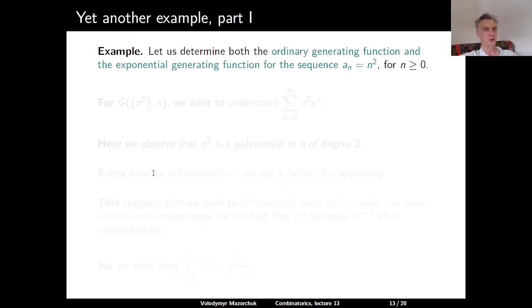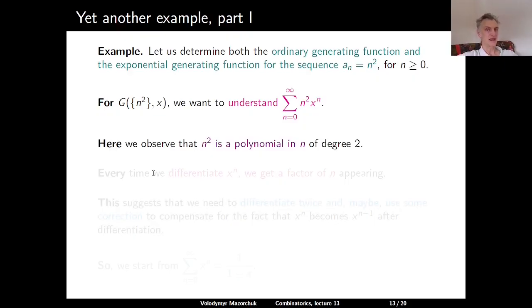Let us determine both the ordinary generating function and the exponential generating function for the sequence a_n given by n squared for n greater than or equal to 0. For the ordinary generating function, we want to understand the sum over all n squared times x to the power n.